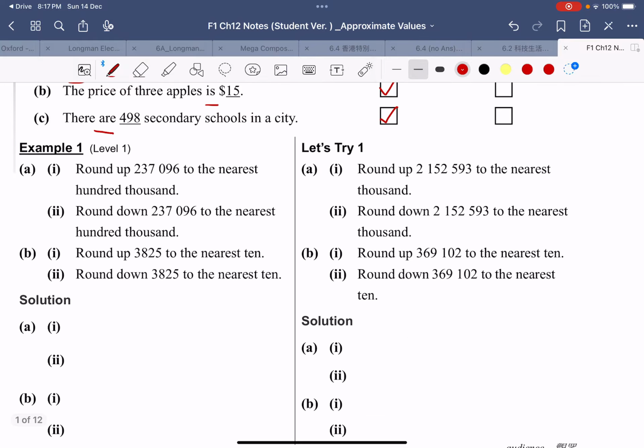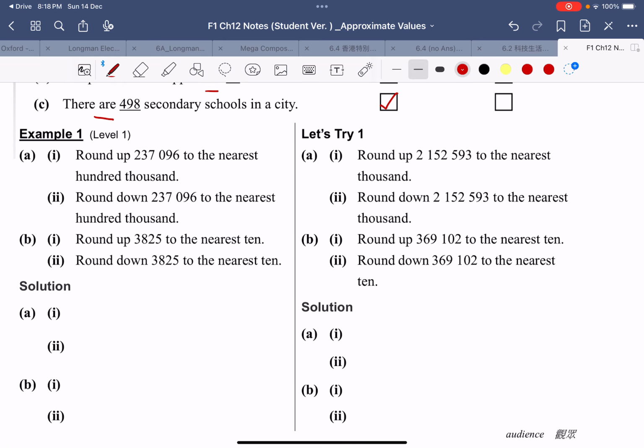Alright, let's look at example 1. We have the number 237,096. Round up this number to the nearest 100,000. Since we are rounding up, we look at the 100,000 place. What is the 100,000 place? In Chinese, I think it is 10萬. After this is 1,000, and add 2 zeros, it becomes 100,000.